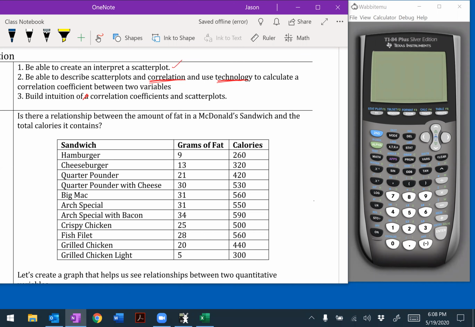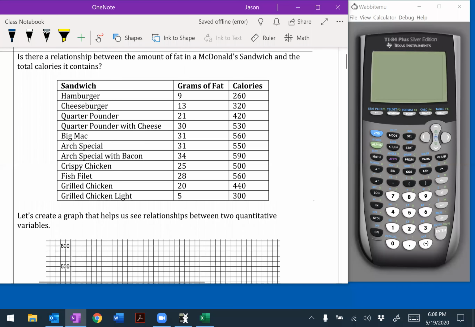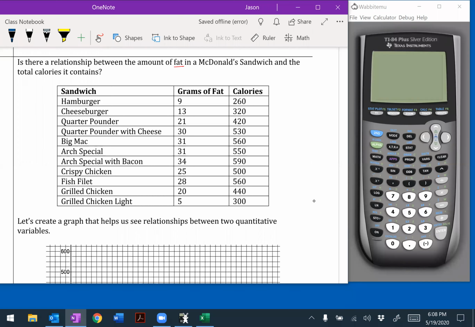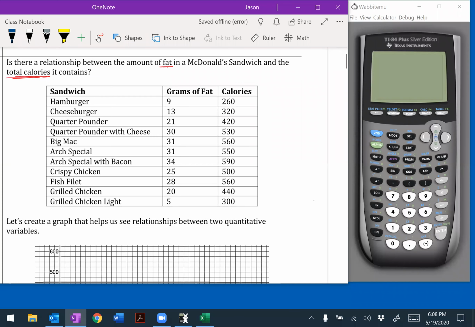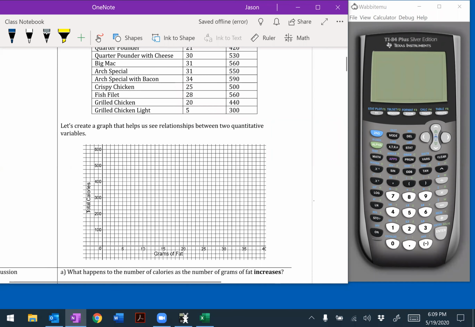Is there a relationship between the amount of fat in a McDonald's sandwich and the total calories it contains? Well, we could graph this. Zoom this down a little bit so we get the full screen.